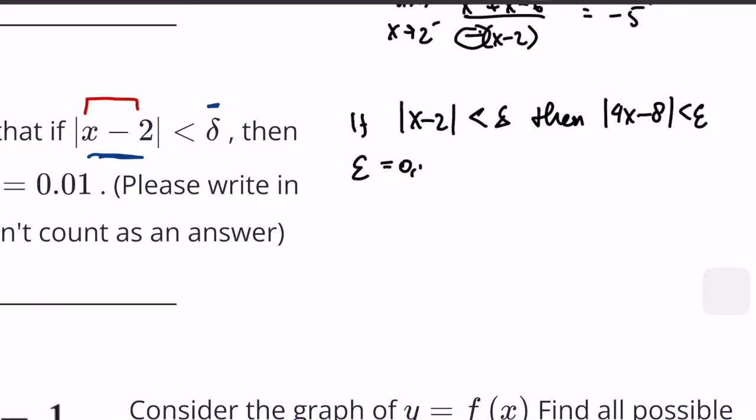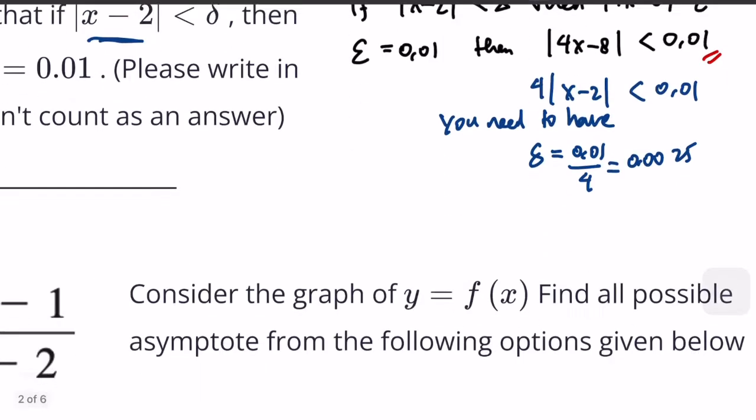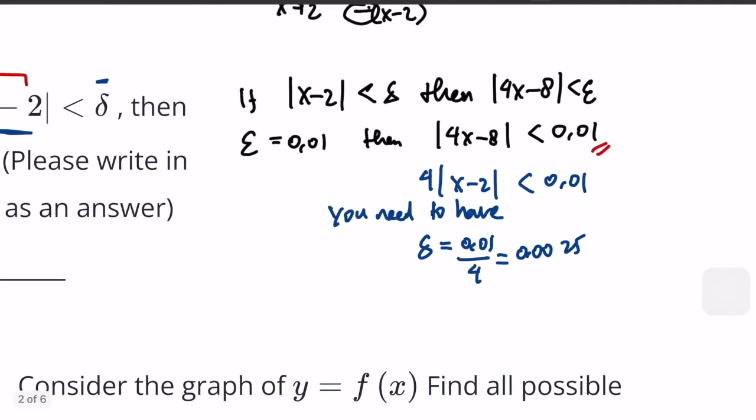The epsilon is 0.01, then this should be the restriction that you want to get. So how much x actually do you want to have? Here you have 4, and then x minus 2, so you need to have delta that is true when you want to get 0.01 epsilon.